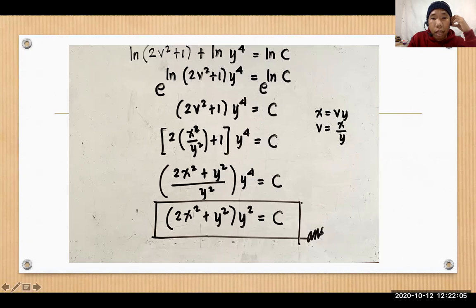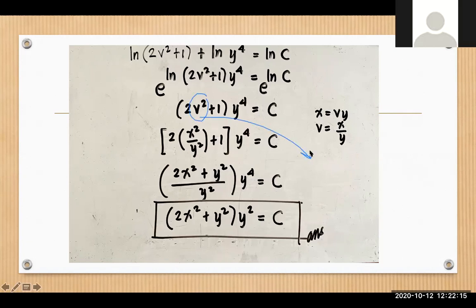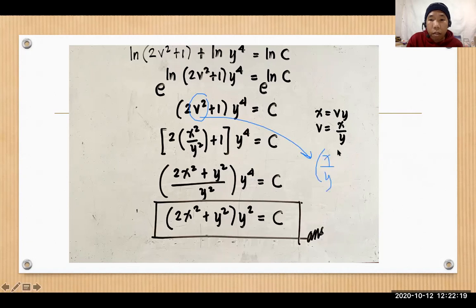Let me just get a pen so you can see. So here, this part, it's actually x over y raised to 2, right? So this is equivalent to x squared over y squared.